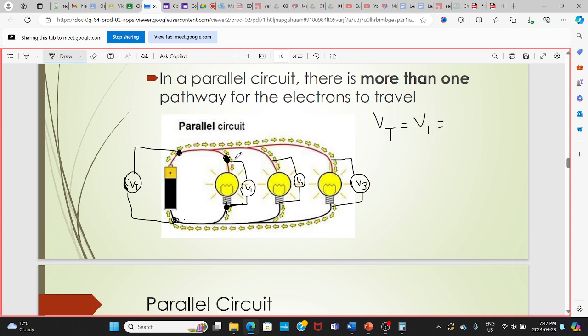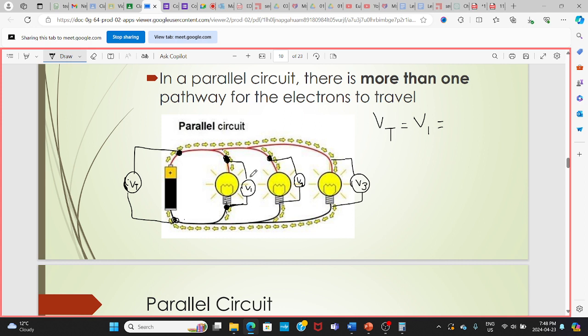How about the voltage across V2, across the second light bulb? Compare it to the V total. It would just be V total minus V1. Okay, again, we can analyze the same thing. This point can be connected to this one without an interruption, right? It's just a wire.